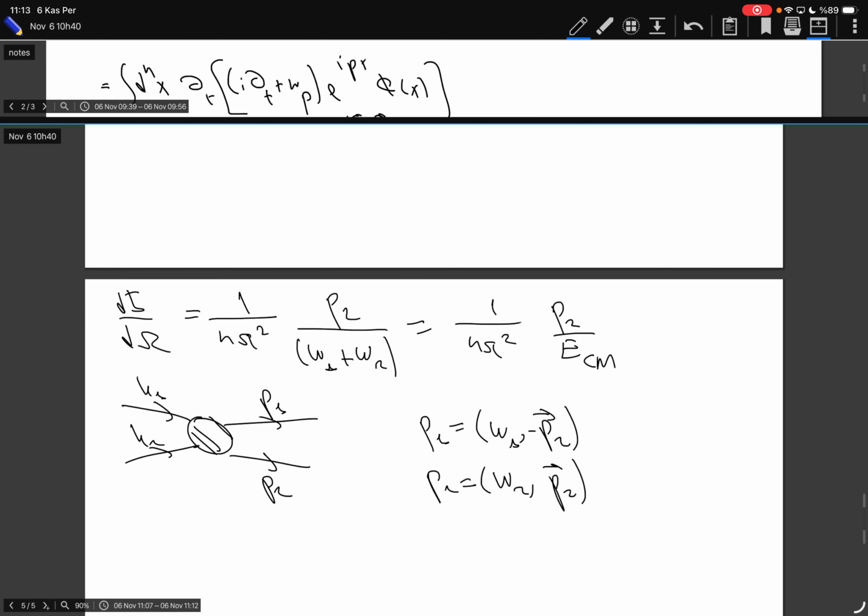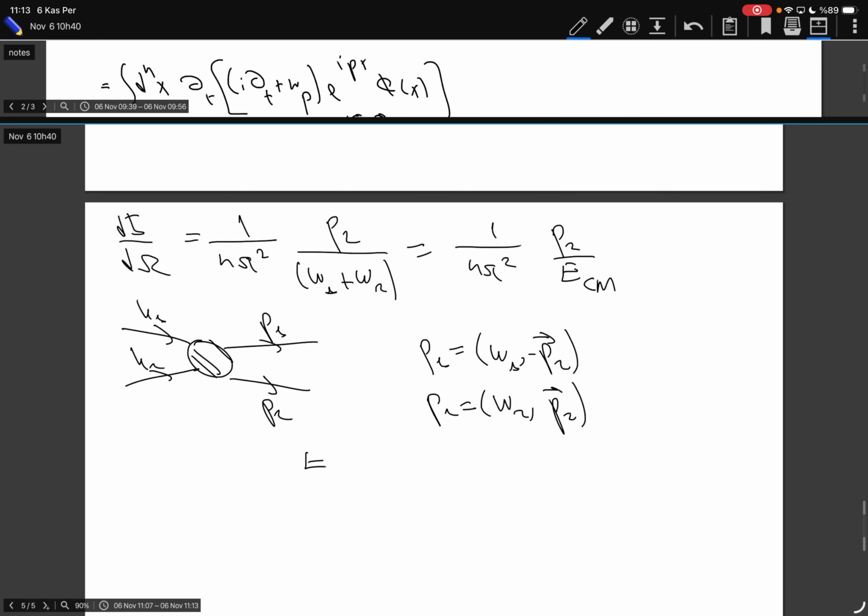I'm in the center of mass frame, the total linear momentum should be 0. E center of mass will be omega 1 plus omega 2, which is the square root of P1 plus P2 squared, the total momentum.